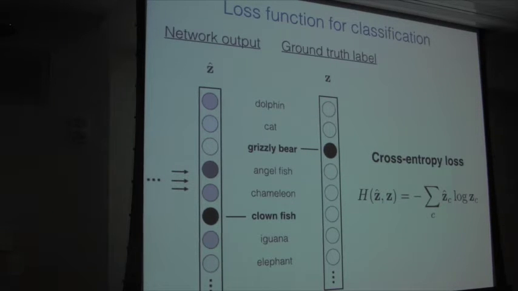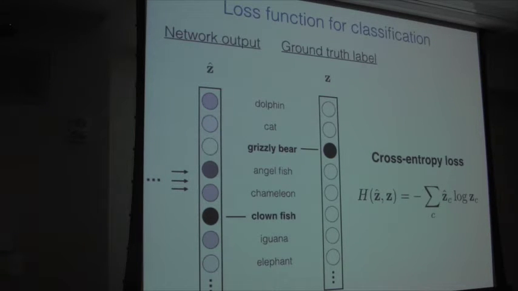And the common one for this kind of categorical, this multinomial classification problem is the cross-entropy loss. And what that says is you're just going to, these are two vectors, you treat them as probability distributions. So you treat the network output as a probability distribution over the possible things that are in the image. And it says, I think with high probability, it's a clownfish.